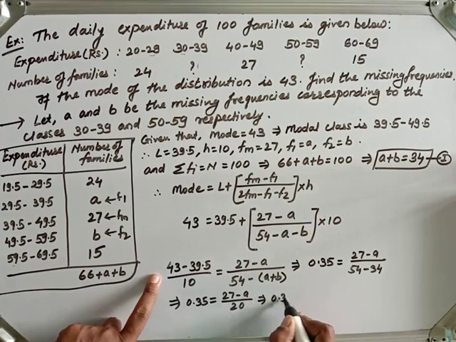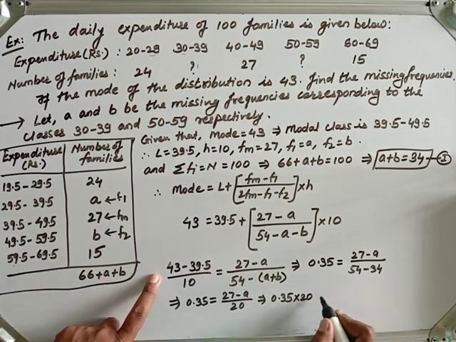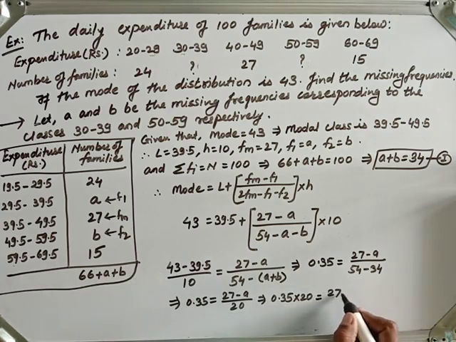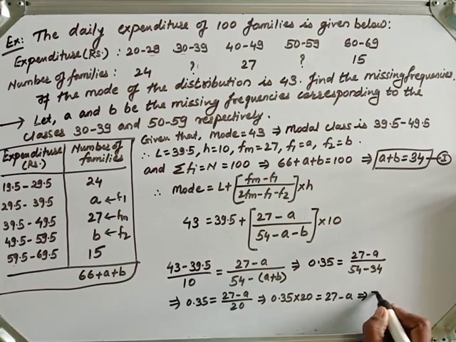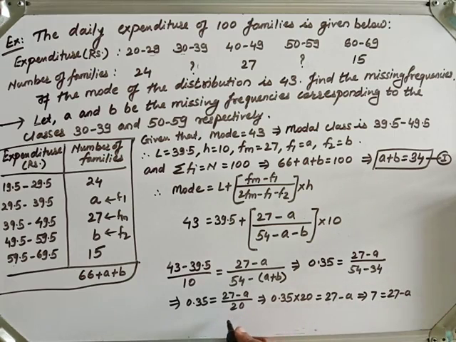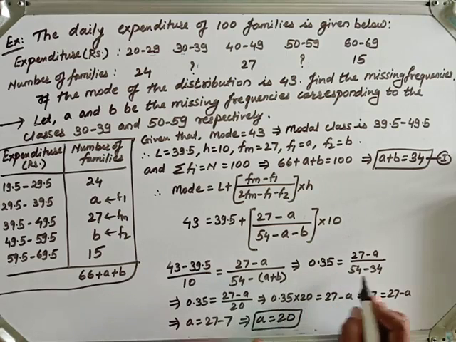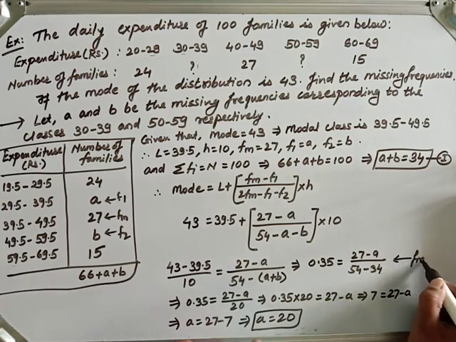So 0.35 multiplied by 20 equal to 27 minus A. So 0.35 multiplied by 20 will be 7. 7 equal to 27 minus A. So A is equal to 27 minus 7. So A is equal to 20.